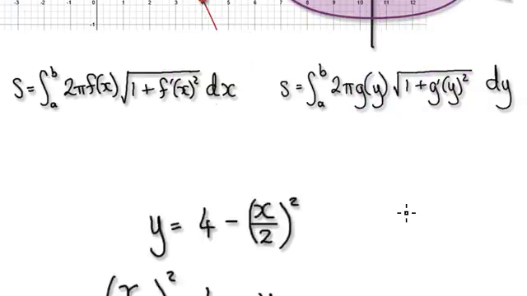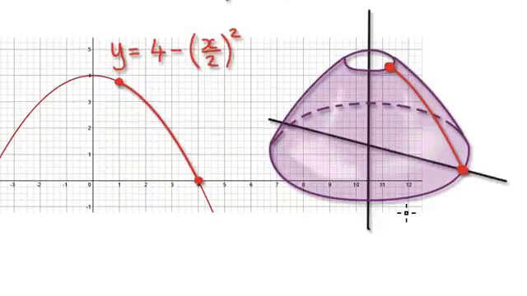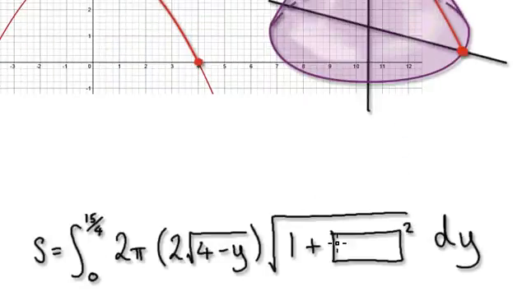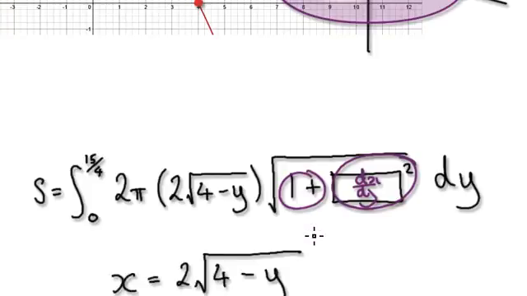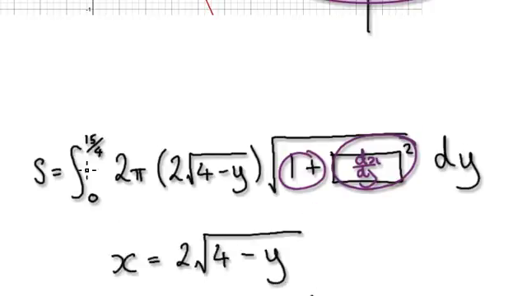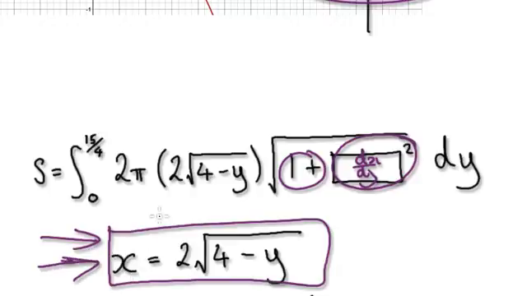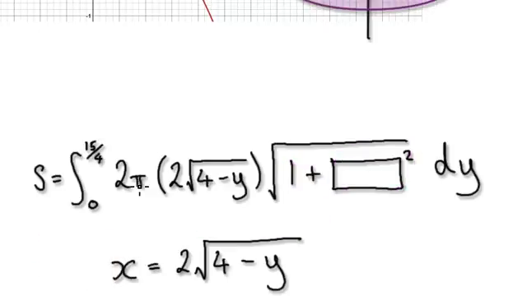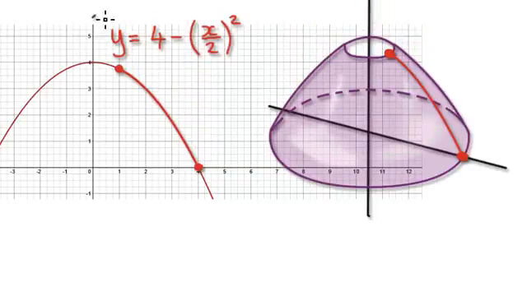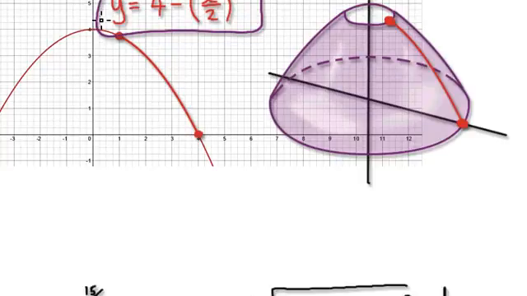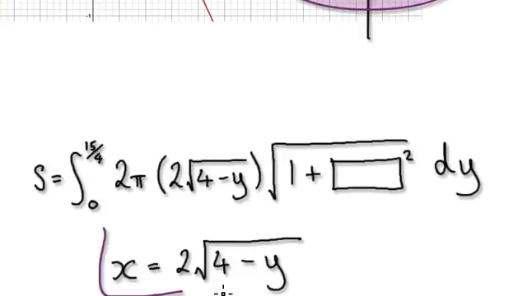Okay, so we got to this stage in the previous video. So now we need to work out dx by dy, and then square it, and then add 1. So we need to rearrange everything. Now we are working in terms of the x direction, so rearrange this formula here to give you this.